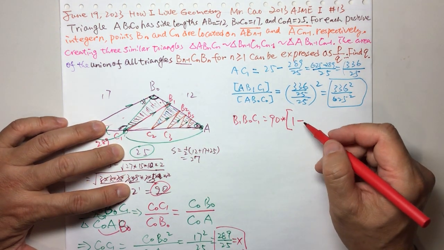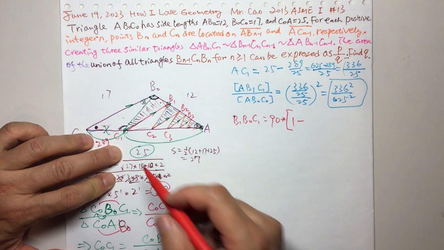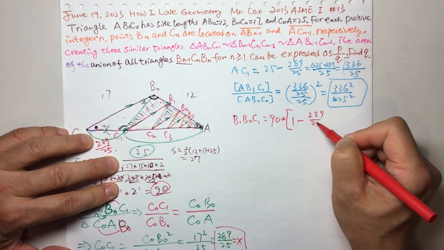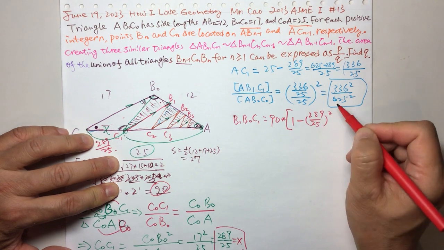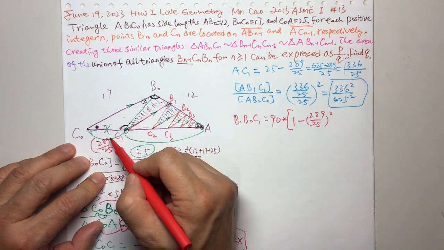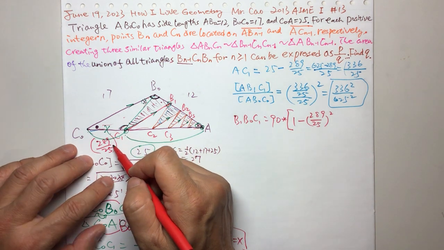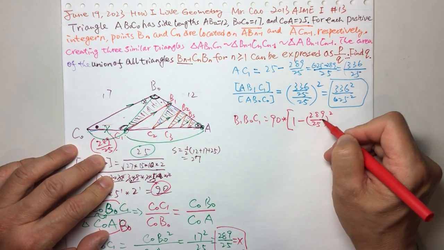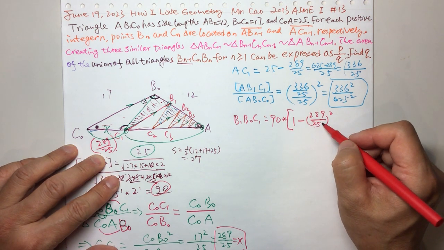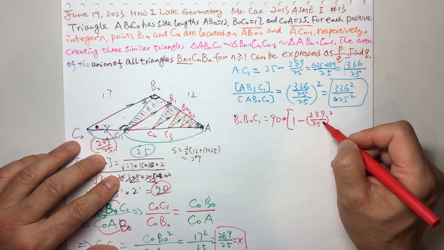So I mean we will write this 289 over 25 squared, right? That's the side length, and this we should put over 25, right?